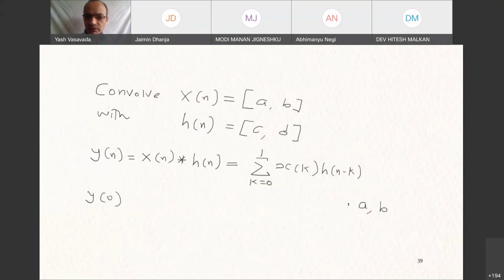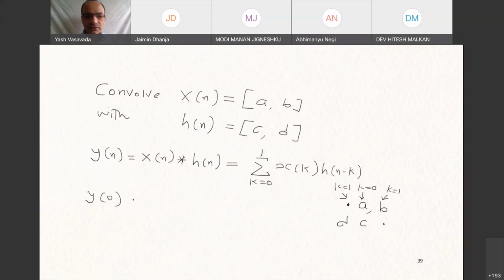Let me put a dot here. So this is corresponding to k equal to 0. This is k equal to minus 1. This is k equal to 1. So when I flip h of k around, it becomes like this: d, c, and then there is nothing.